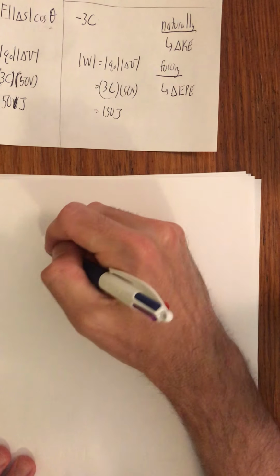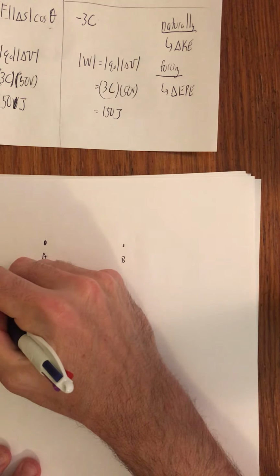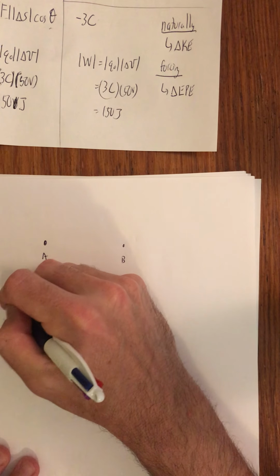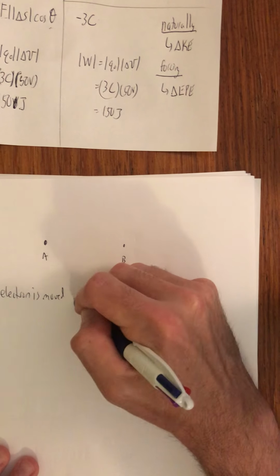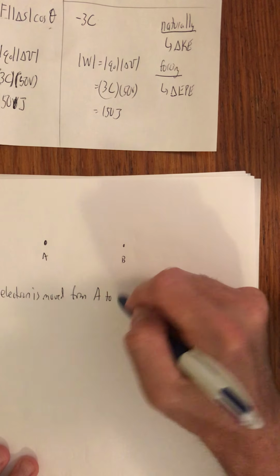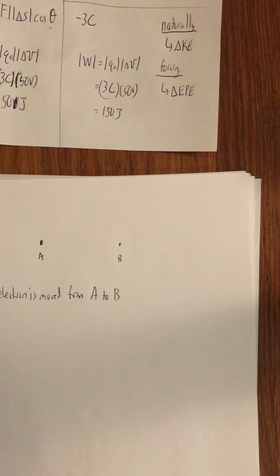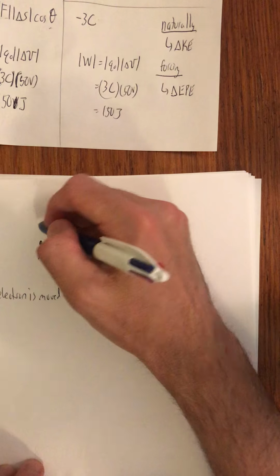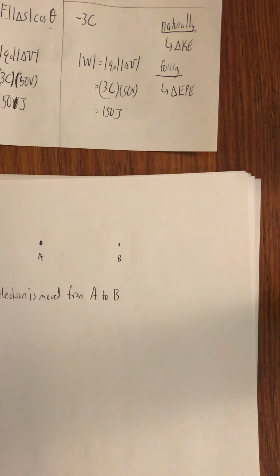Hopefully. Next, let's say I had that same two positions in space A and B, and I wanted to say an electron is moved from A to B, because naturally the electron would not want to go in that direction. So we know that the difference in potential between these 2 points is 50 volts.